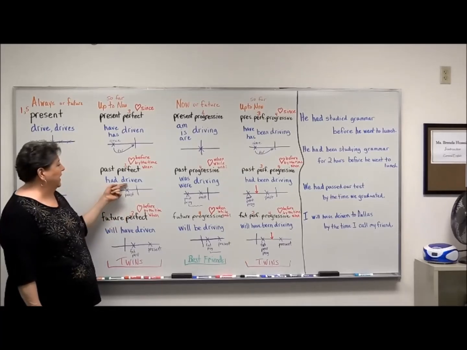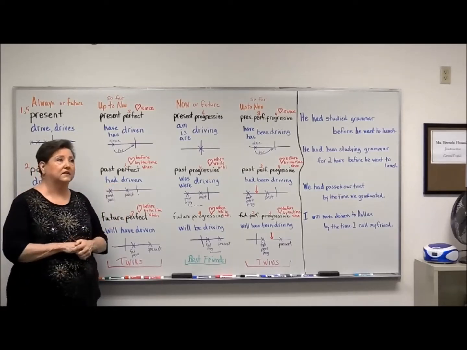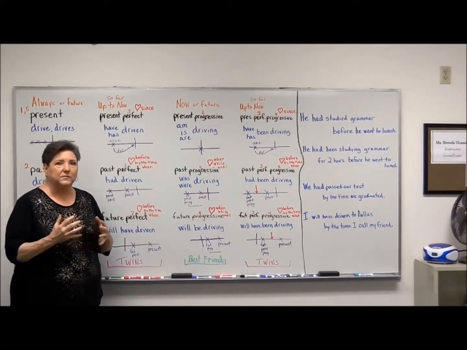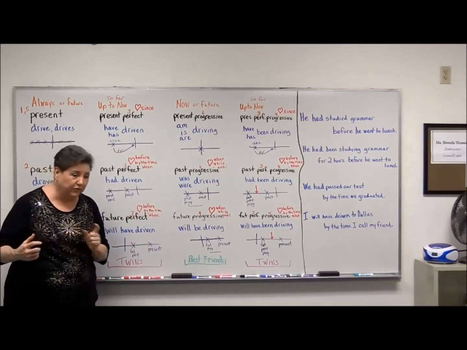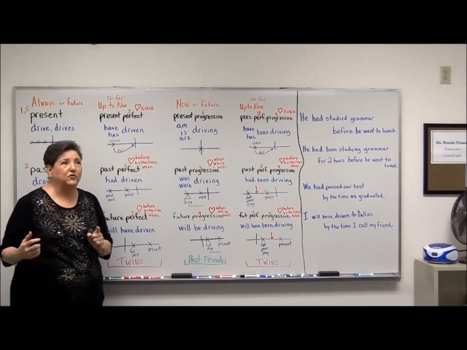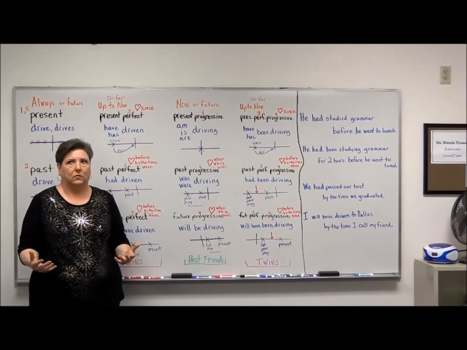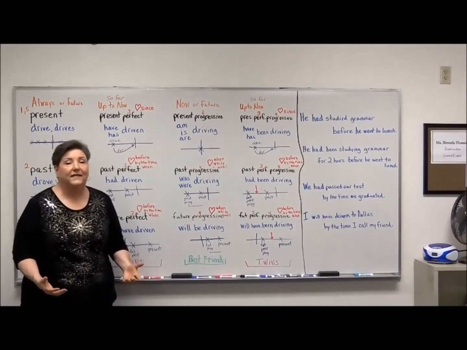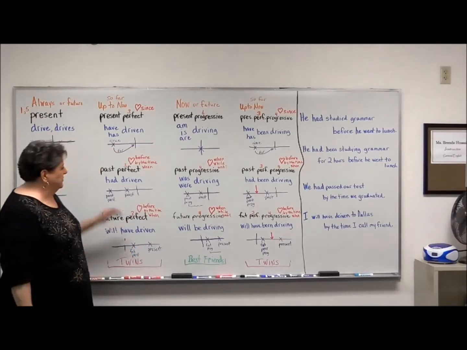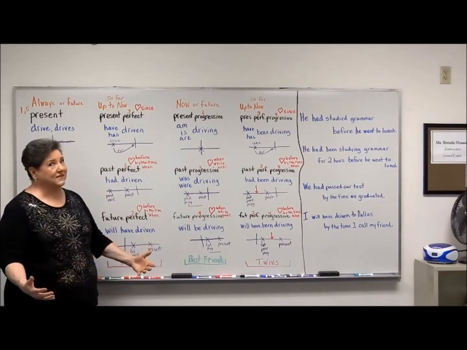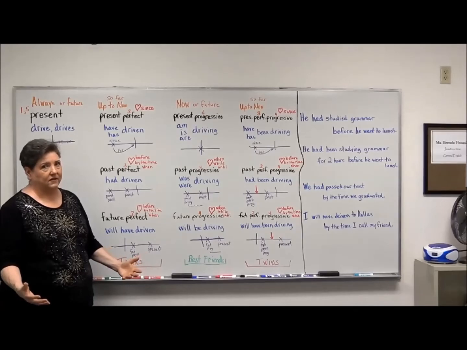Because when you say you had driven, you had worked, you had studied, you had run, we always mean that action happened before another one. And so if you don't use a second action with it, we're wondering, well, what happened after that? So that's why with these 2 sets of twins, most of the time you need to be using a second action.